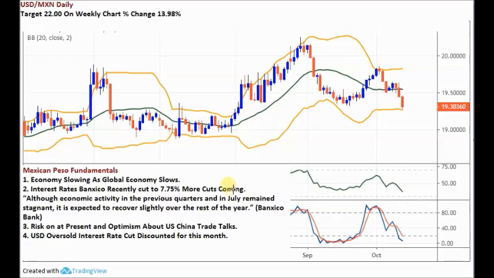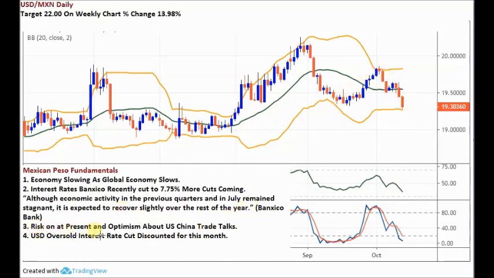The Banxico Bank said this recently: although economic activity in previous quarters and in July remained stagnant, it is expected to recover slightly over the rest of the year. That was their official statement. If you look at the economic data recently, yeah, I don't see any recovery by the end of the year at all.